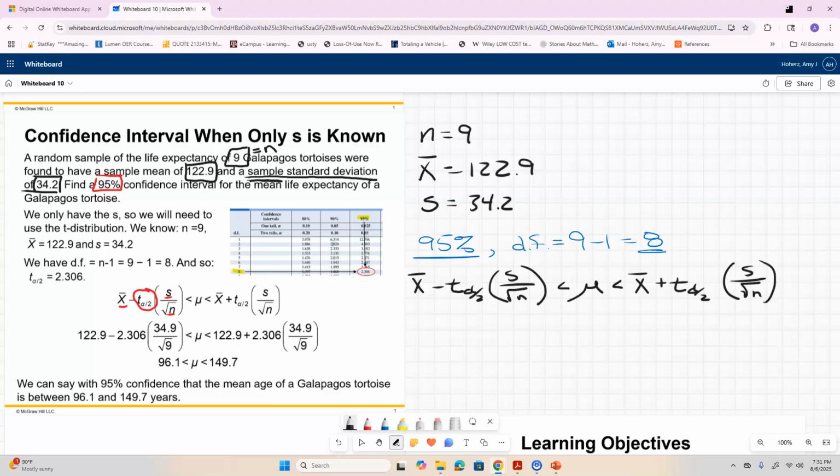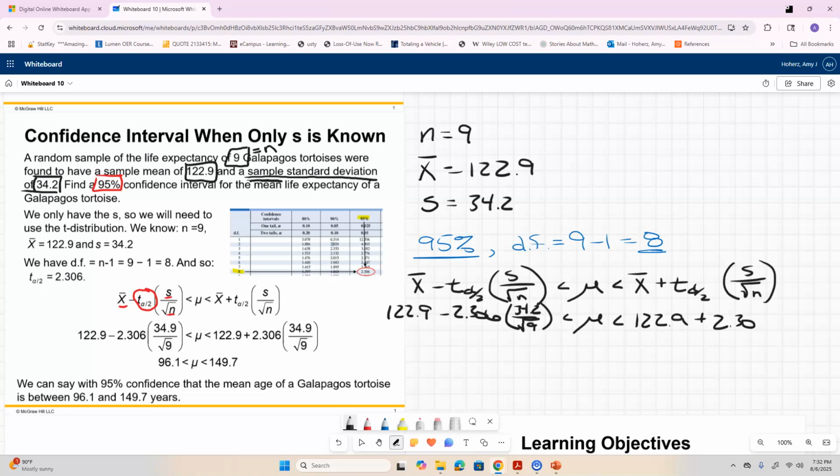And we're going to plug in everything that we know. X bar, 122.9. Our t sub alpha over 2 that we just found on the chart was 2.306. Our S is 34.2. And our N, now don't use the 8 here. Here we do want the N, is 9. So square root of 9. And that should be less than the mean, should be less than the same thing on the other side, but with a plus.